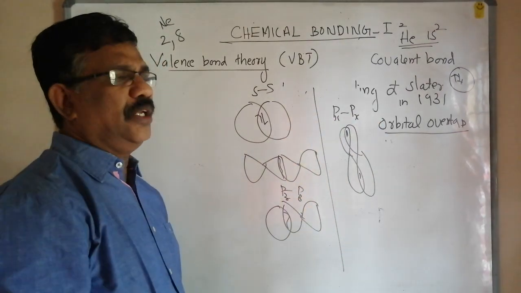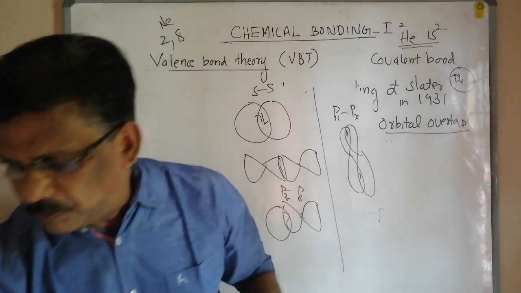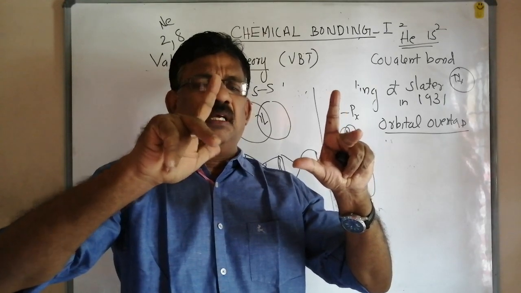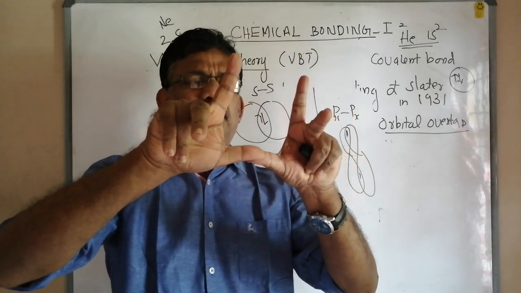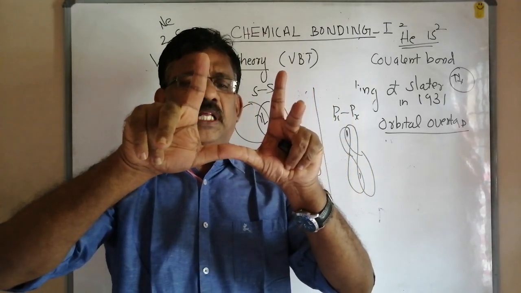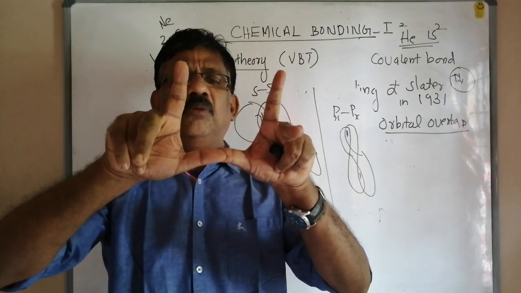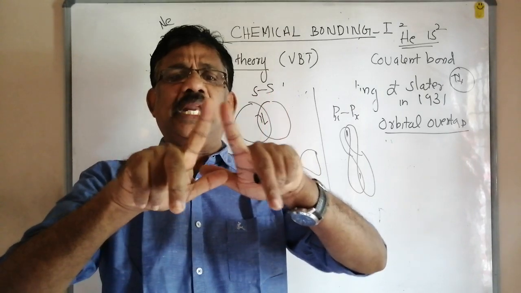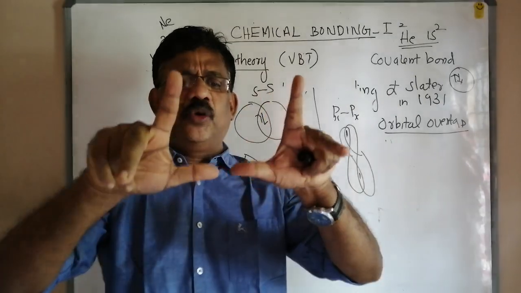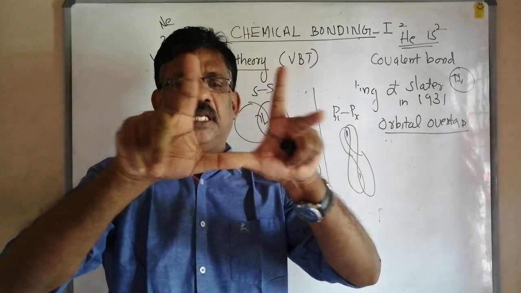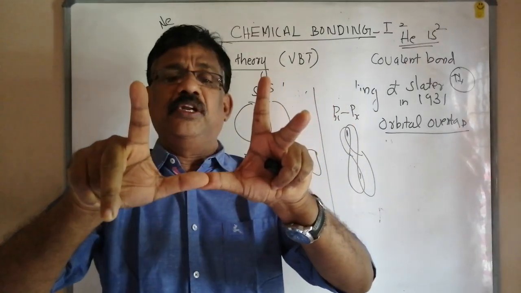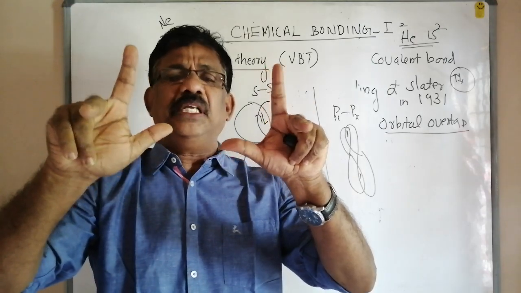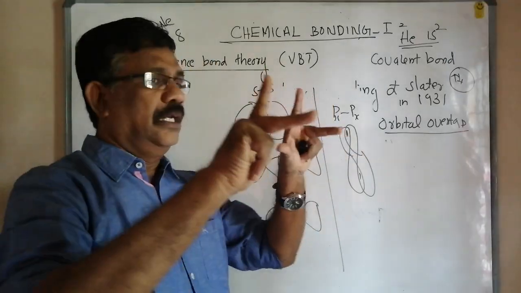When pz, px, py and pz orbitals are considered, when the pz orbital overlaps in a head-to-head manner, the remaining orbitals cannot overlap in a head-to-head manner. They overlap in a parallel manner, the other two orbitals. So here 2pz overlaps in a head-to-head manner. So 2p orbital: 2px, 2py, 2pz, three orbitals.